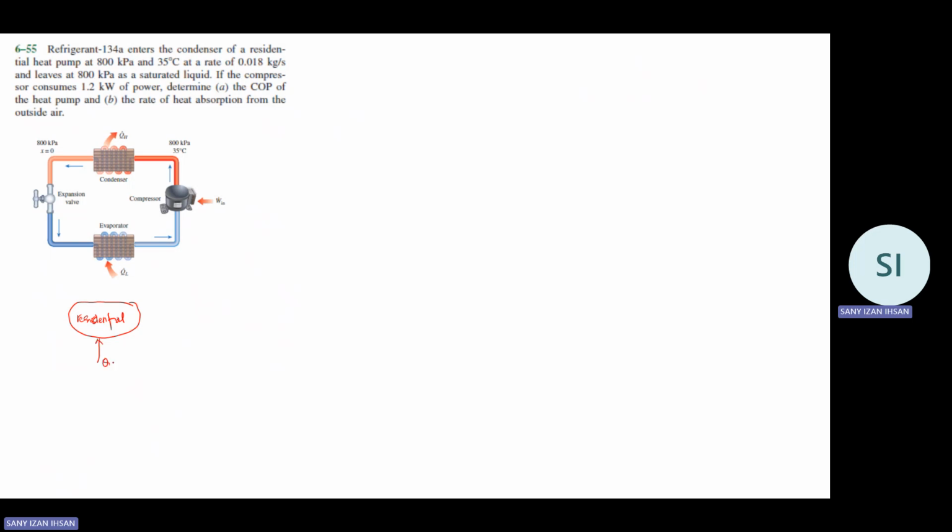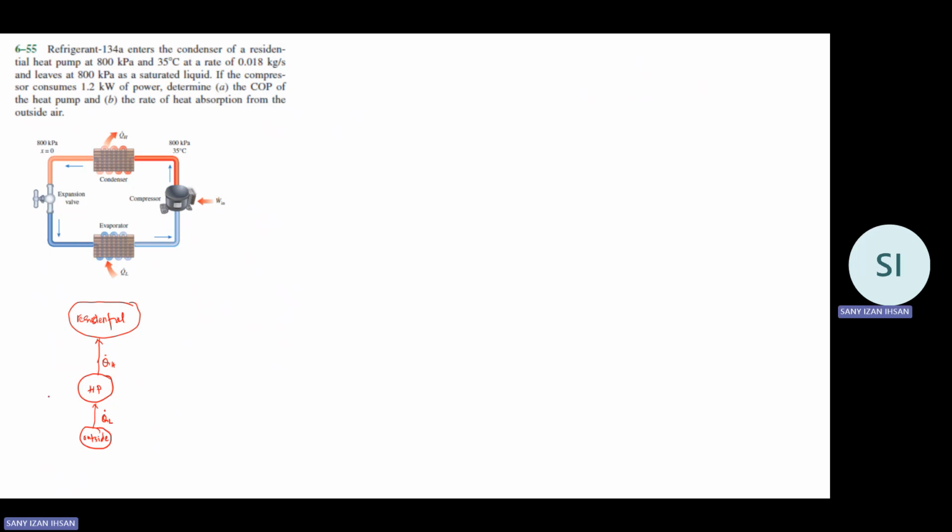So Q_H dot will be going there, and we have our heat pump to push the heat to the residential space, or also extract the heat from the cold surroundings. This is from our outside.